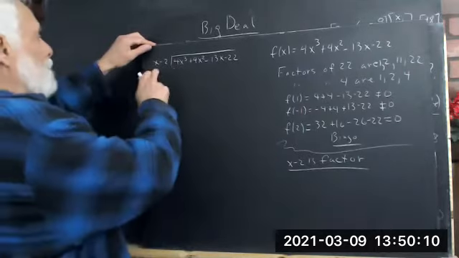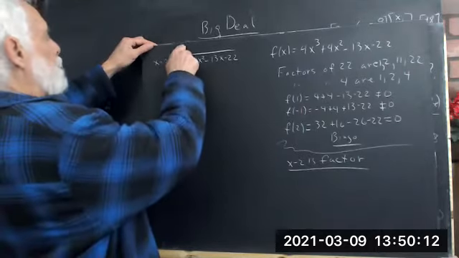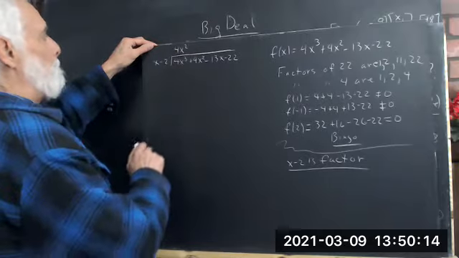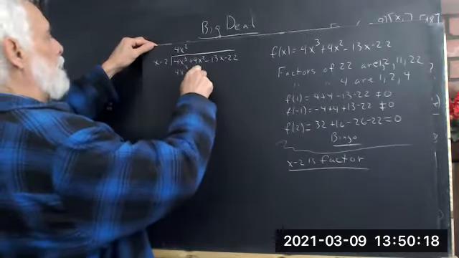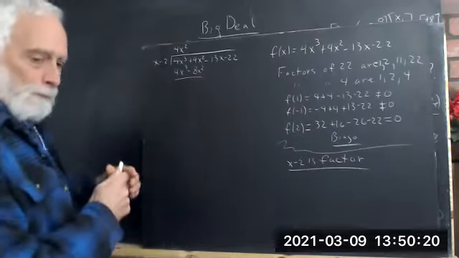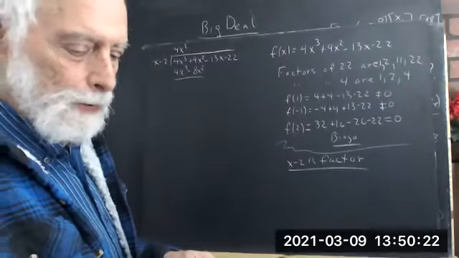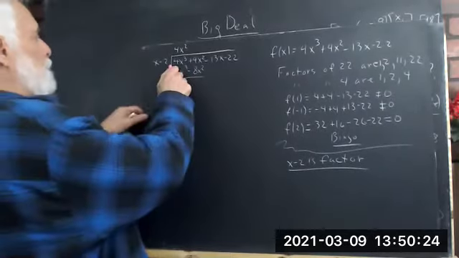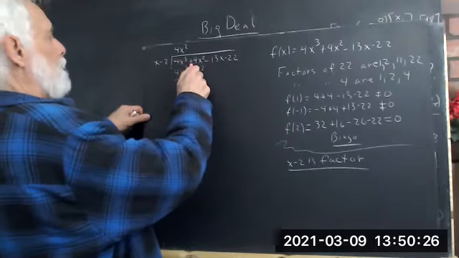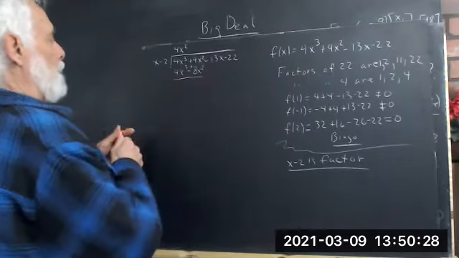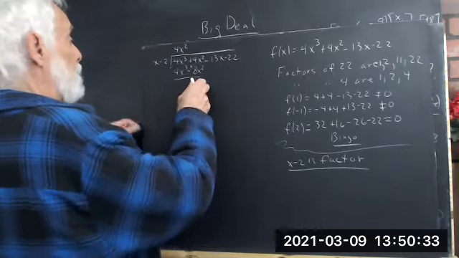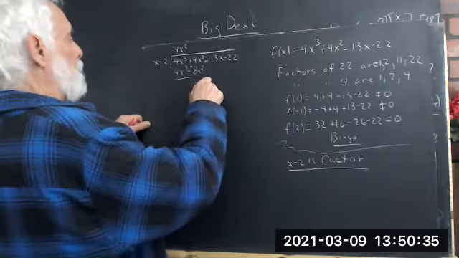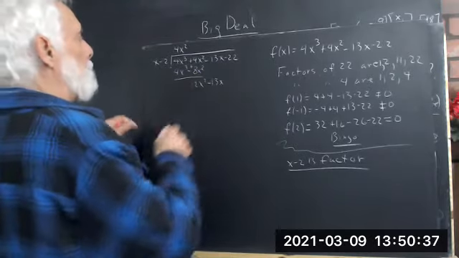x minus 2 goes into this and you get 4x squared. And you multiply that out, you get 4x cubed minus 8x squared. Make yourself a little notation. If you got a different color, it's helpful to use that. To remind yourself that you're going to do 4x squared plus 8x squared, you're going to get 12x squared minus 13x.